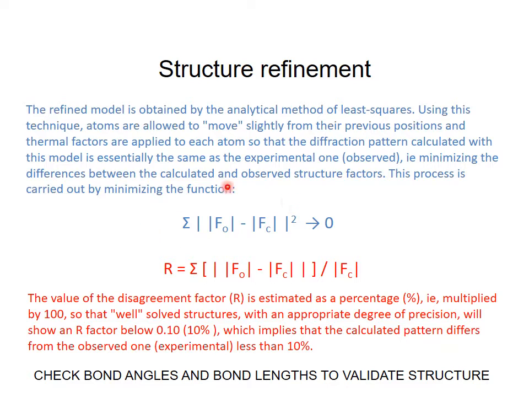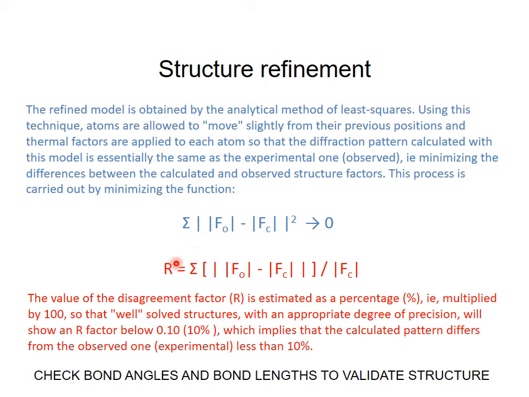You do this until the difference between the observed and the calculated structure factor becomes ideally 0, but it will never become exactly 0. To see the quality of your crystal structure determination, you can use the so-called disagreement factor R, which is nothing else but the difference between the observed and the calculated structure factor over the observed structure factor.